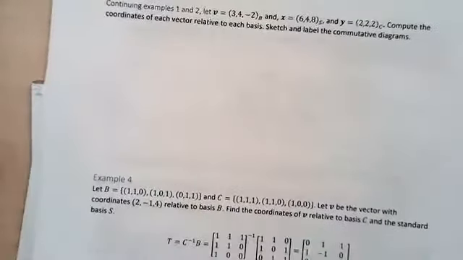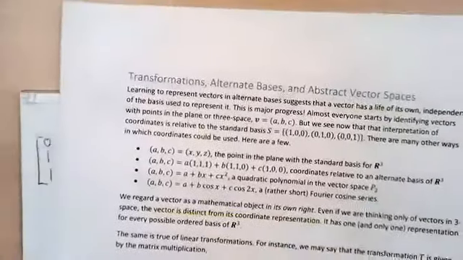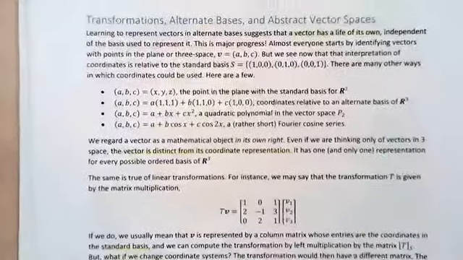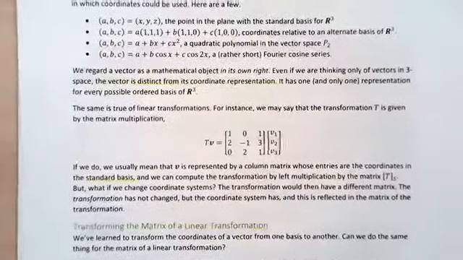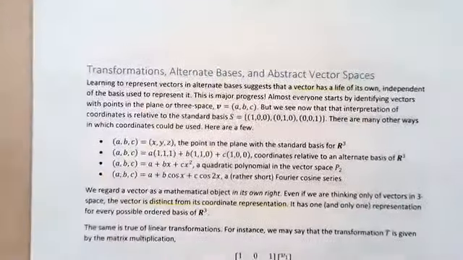These were just examples. So let me see if there's anything else big I need to tell you about. Oh, this is kind of a more abstract way of thinking about it here at the top of page 9.